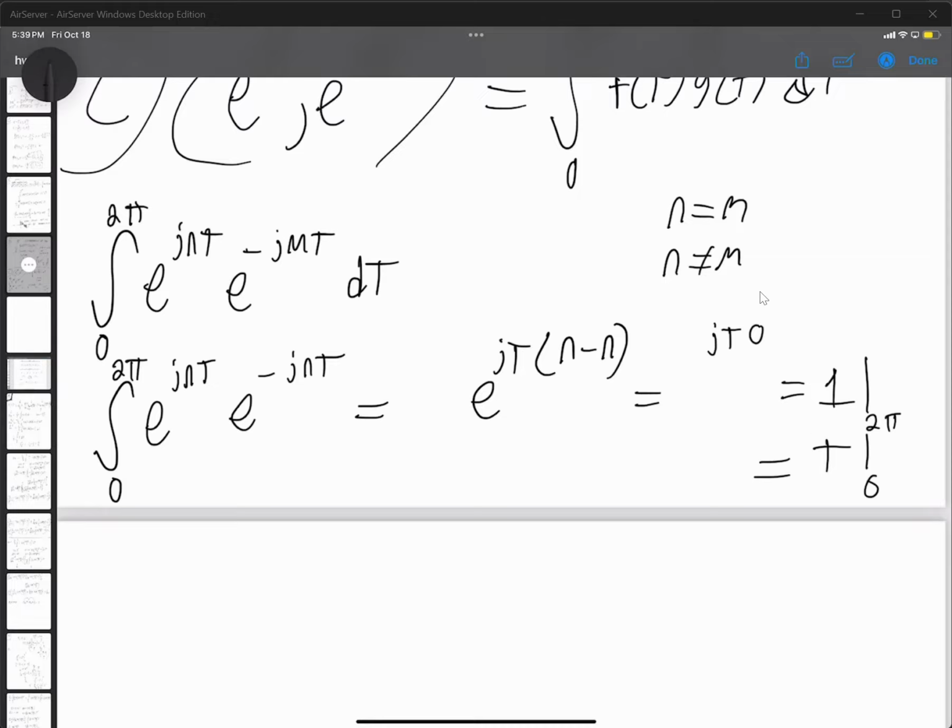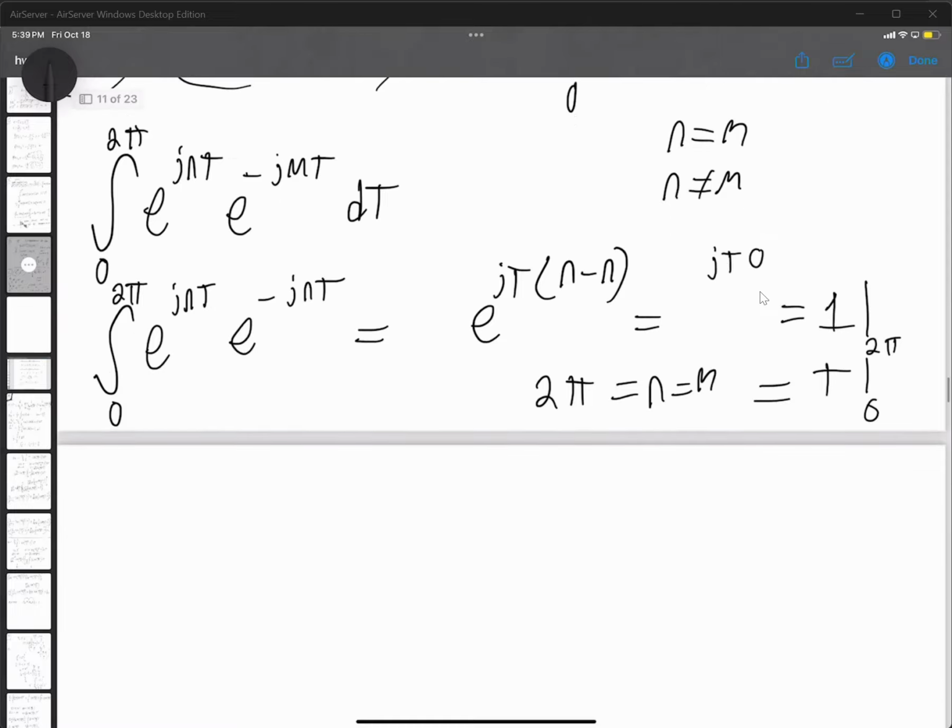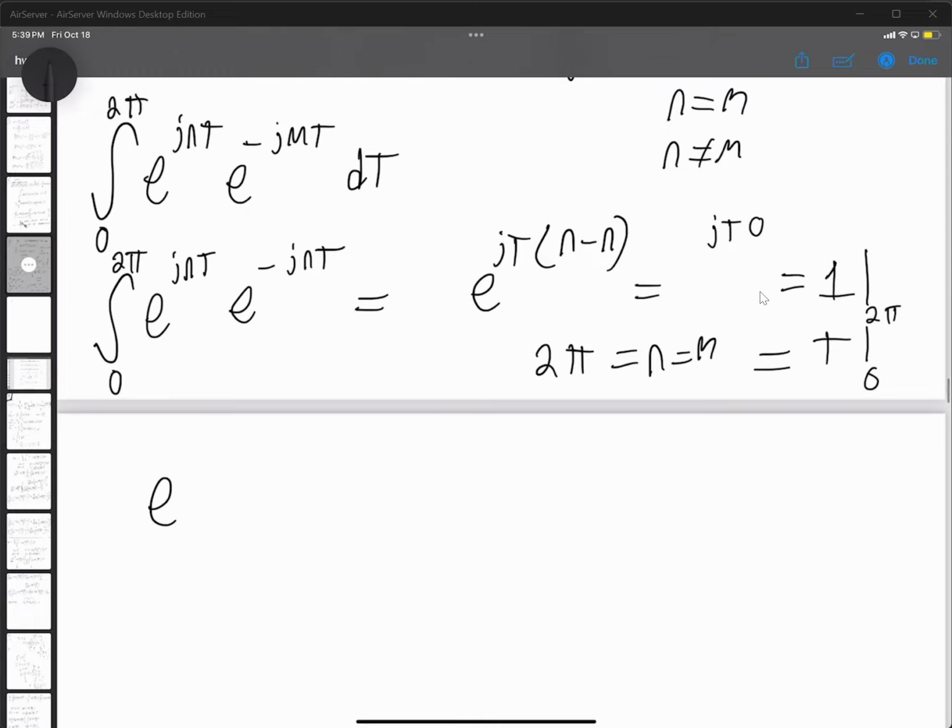Now when they are not equal, usually, if you find one, you can figure out when n and m are equal or not equal. If you find one where you have a value like 2 pi or whatever, the other one's probably going to be 0. But if we solve and they're not equal, e to the j n t, we'll combine them already, e to the j t times n minus m dt, 0 to 2 pi.